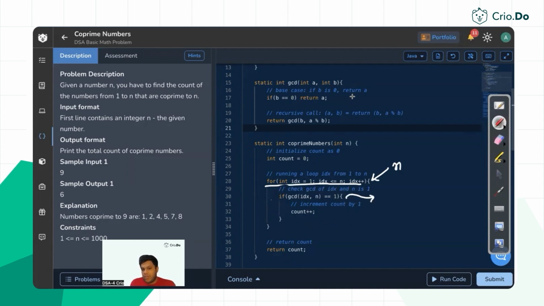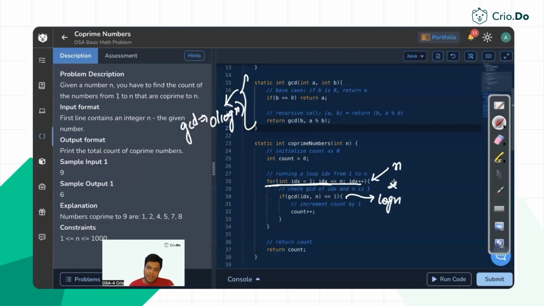And GCD of two numbers uses the Euclidean algorithm, which takes log of minimum of a comma b time, where a and b are the numbers for which we have to find the GCD. In the worst case, you can assume the GCD as log of n, where n can be the minimum of them. So since each GCD function will take log n time, and you're doing GCD n times, the overall time complexity will be n log n.